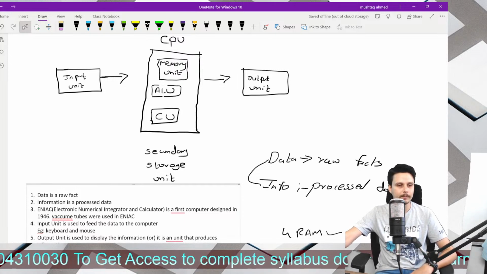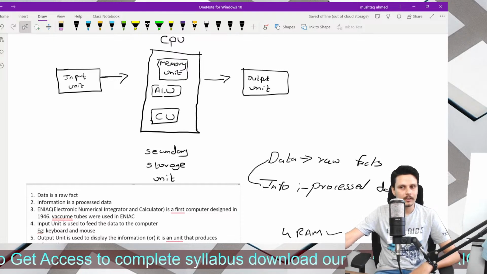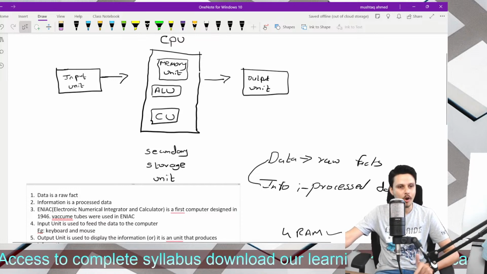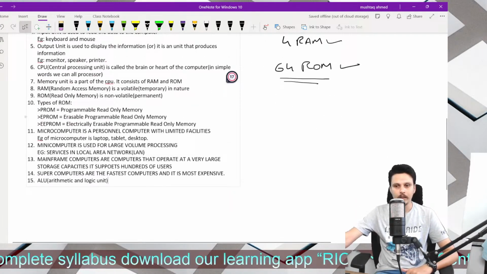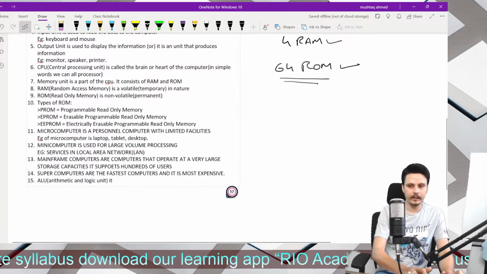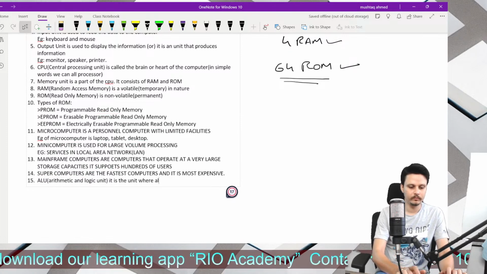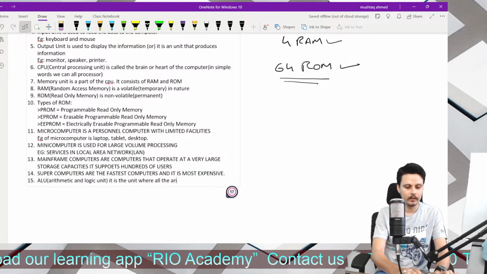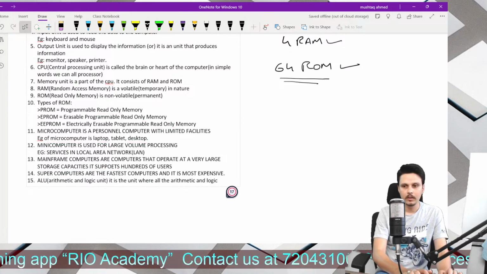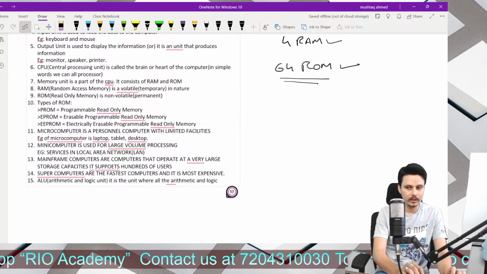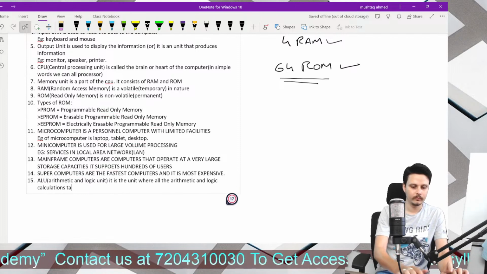Here arithmetic calculations mean addition, subtraction, modulus, division, and logical calculations mean AND gate, OR gate, NOT gate, all these come under logic gates. So ALU is a unit where all the arithmetic and logic calculations take place.